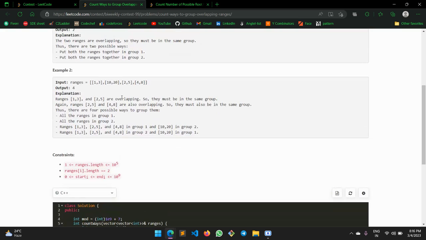In how many ways can we do that? Found connected components. Suppose we have found, in this case, two components. We put one in the left, one in the right, second one in the left, first one in the right. And what about the other one?